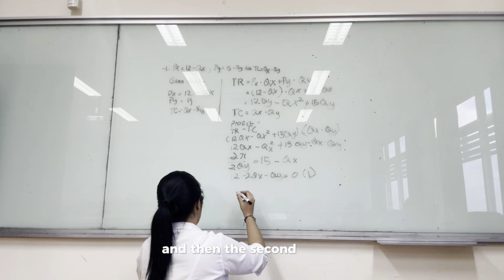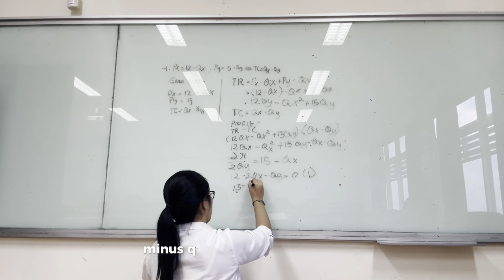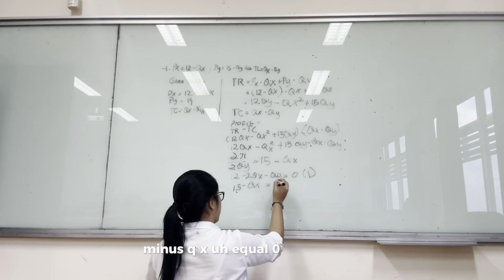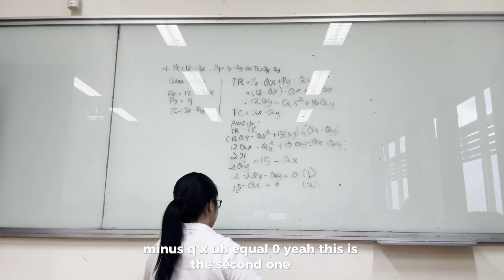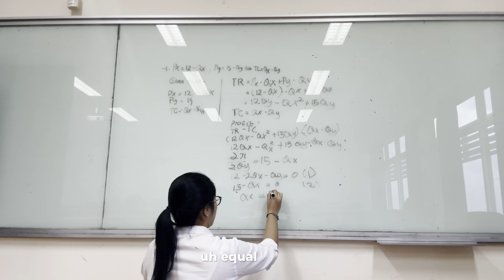And then the second one is 15 minus Qx equal 0. Yeah, this is the second one. Qx equal 15.